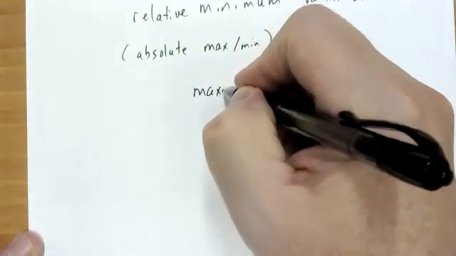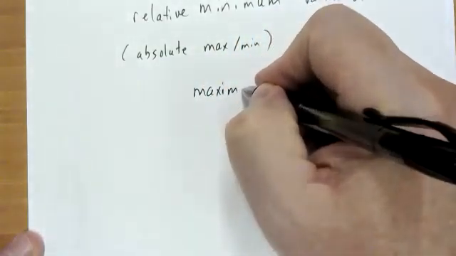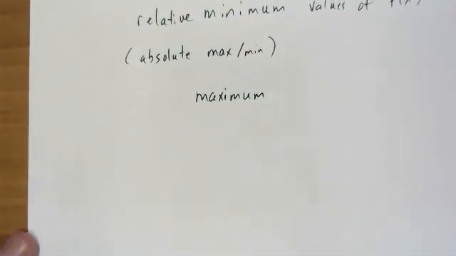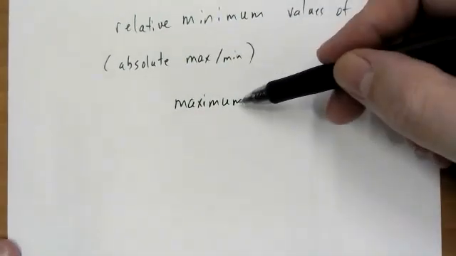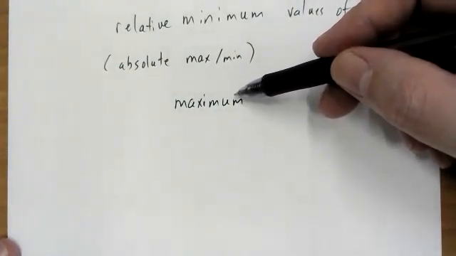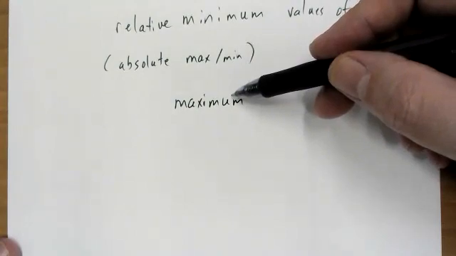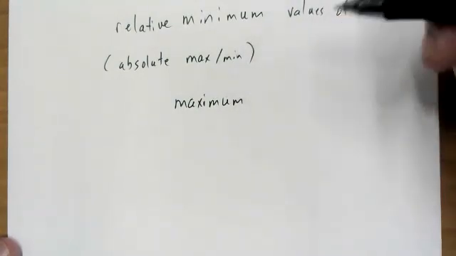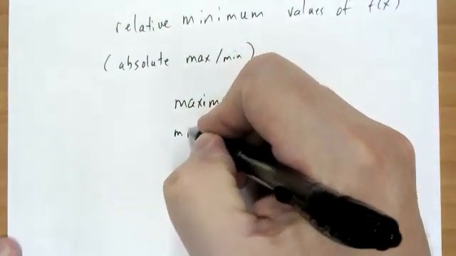Just to make it simple, when we're looking at the graph of a function and we're asked to find the maximum, just so you know, a function can have more than one maximum. It could have two maximums. It could have two minimums.